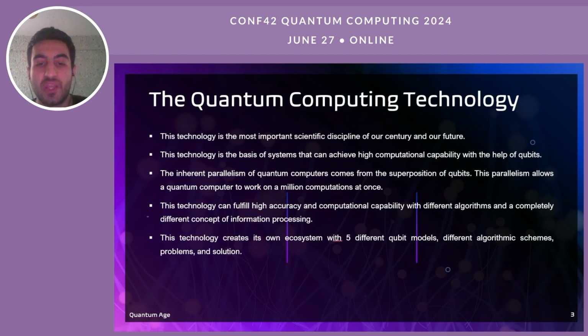This technology creates its own ecosystems with different qubit models, algorithm schemes, problems, and solutions. This is a new concept, and we need to design material science in this field. We can achieve anything, we can make anything with the help of quantum computing technology.